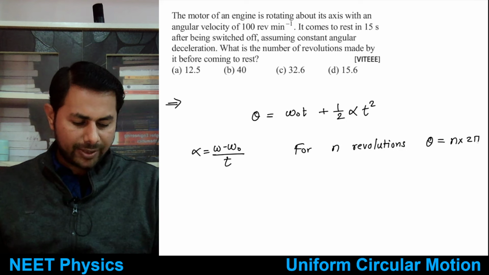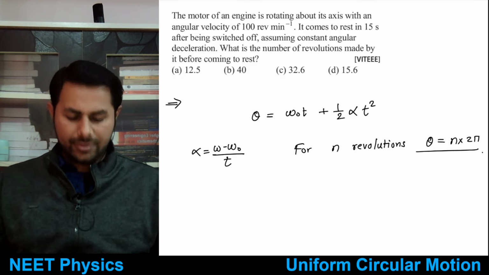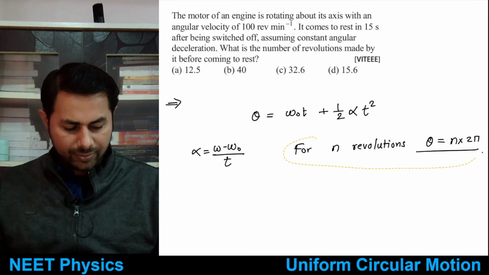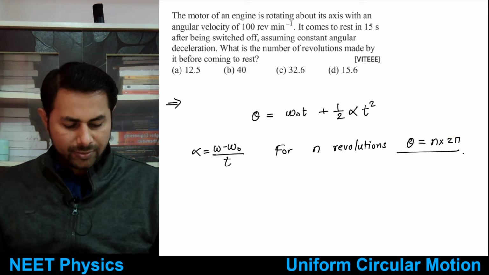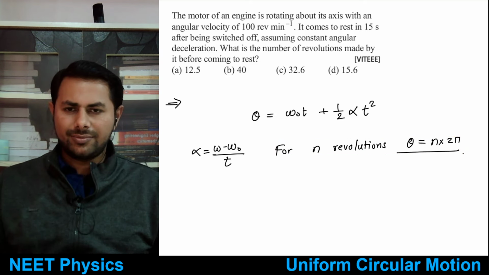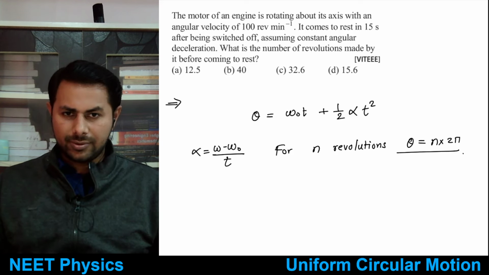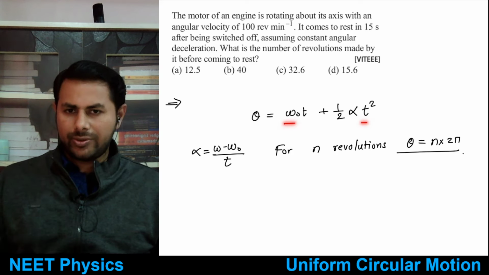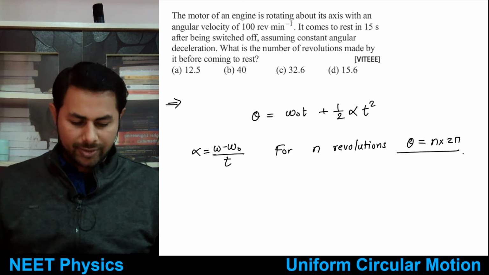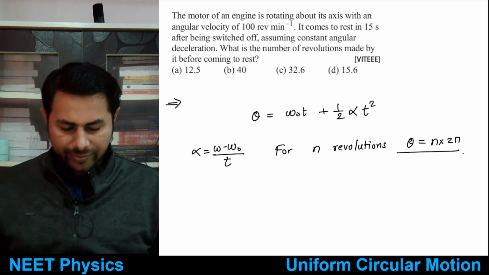N times 2 pi. Right? Is this thing clear, everyone? Okay, so this is one way to solve it. But then we can do a better job.